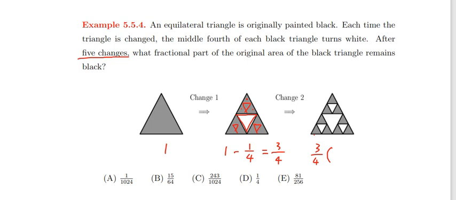So we have these 3 small ones, and for each one, we just multiply by 1 minus 1/4.